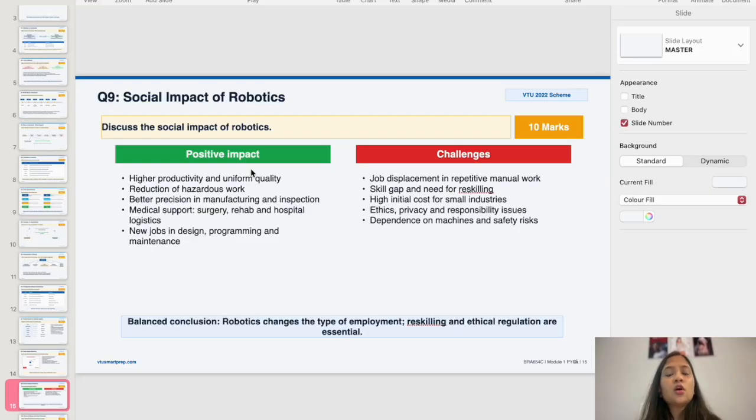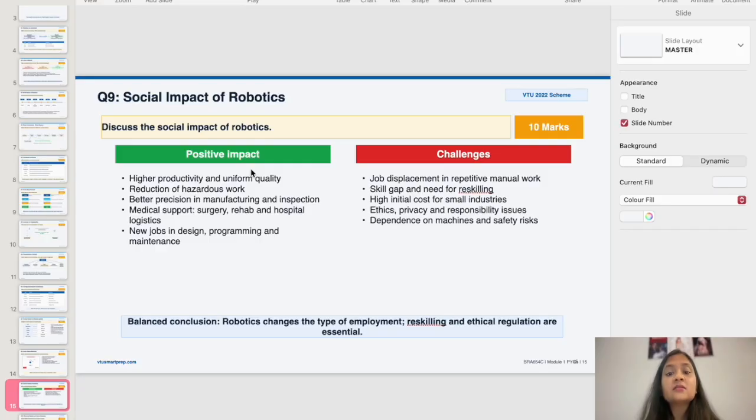Robots also create new jobs in robot design, robot programming, maintenance, and integration. But there are some challenges also, where robots may replace repetitive manual jobs. There may be skill gaps, so workers need reskilling, and small industries may face difficulty because of high initial cost. There are also ethical, privacy, safety, and responsibility issues.